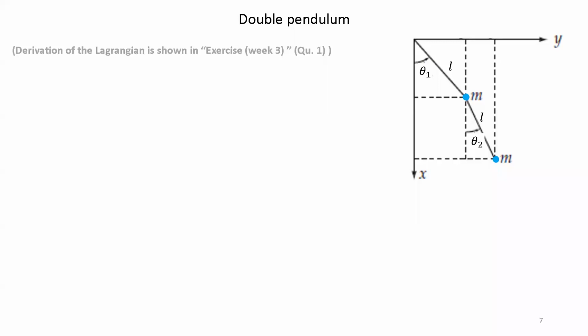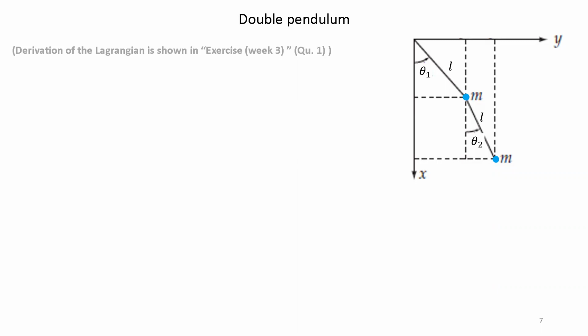Then the next one, again, is an example that you have seen, if you have attended the exercise class. In that exercise class, you have tried to derive the Lagrangian for this so-called double pendulum. So what is a double pendulum? For a single pendulum, I just have this one massless rod and this one mass particle.